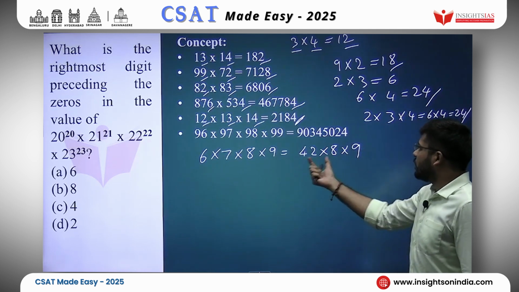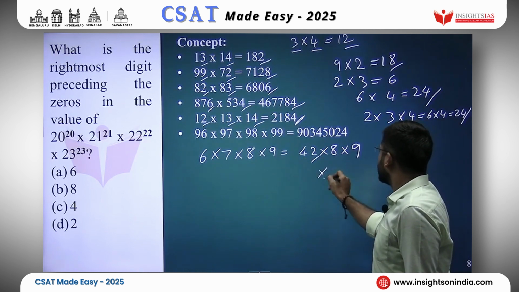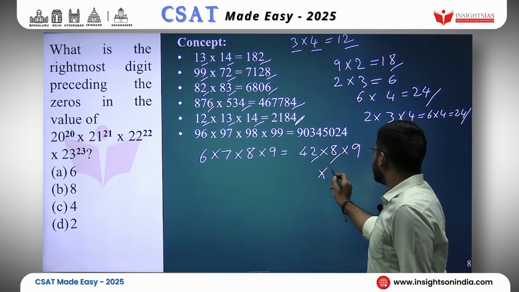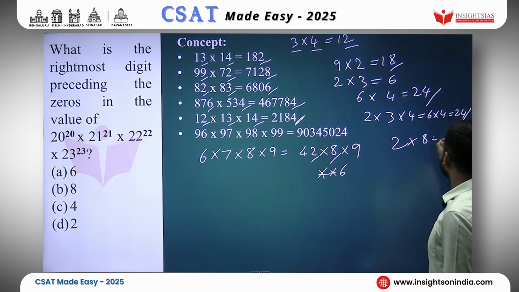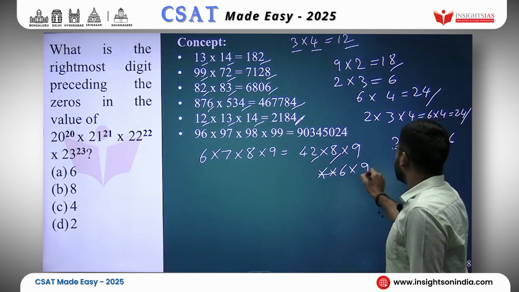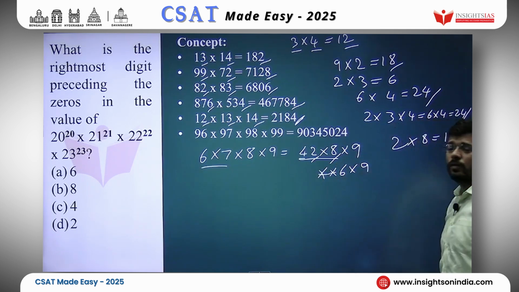We need not multiply 42 with 8, just take the last digit. 2 into 8 would be something ending in 6, right? Because 2 into 8 is 16.